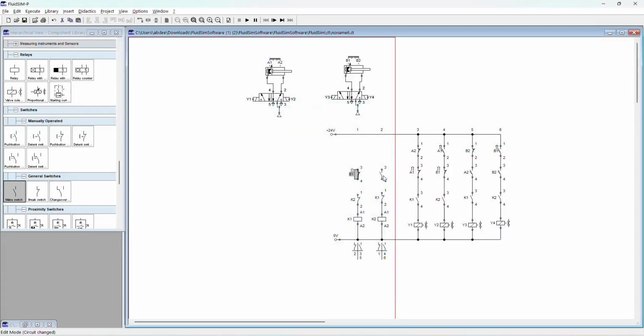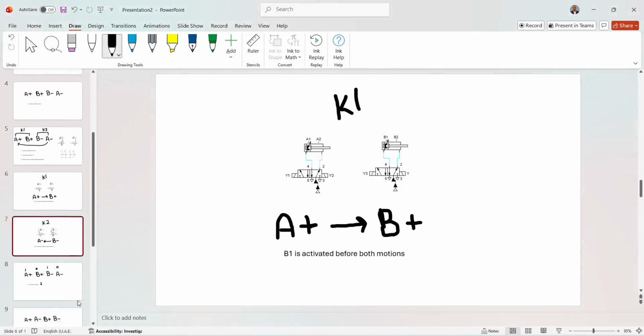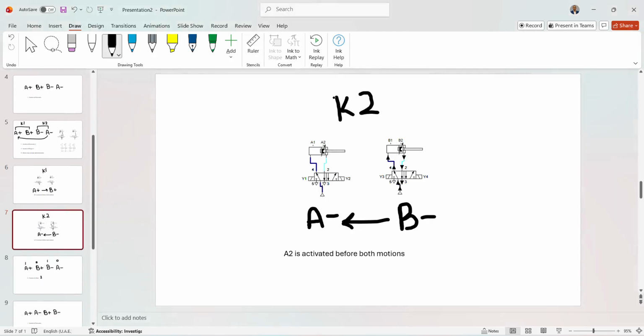All right. Now let's talk about K2. Before activating K2, this is what will be happening: both cylinders will be extended. So it's either A2 or B2. How do I know whether I put A2 or B2? We said we want the cylinder that will keep on waiting until the other one operates.